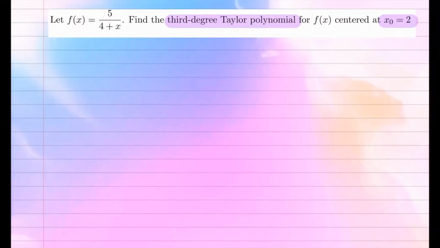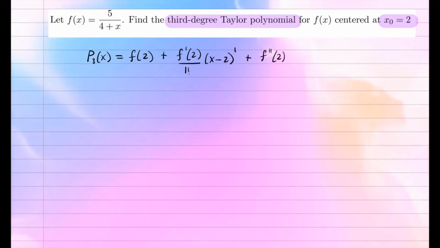So what we need to do is find the Taylor polynomial of order 3 of x. So that would be the function evaluated at 2 plus the first derivative of the function evaluated at 2 over 1 factorial times x minus the center, which is 2, to the first power, plus the second derivative of the function evaluated at 2 over 2 factorial times x minus 2 to the second power.